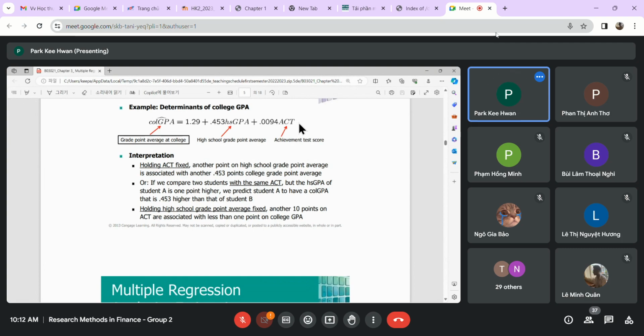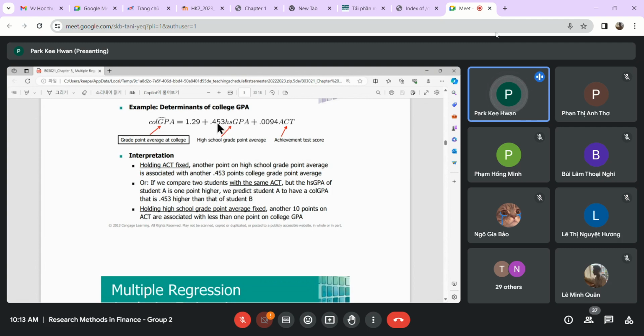But student A's high school GPA is higher than student B's high school GPA by 1 point. Then we predict that student A's college GPA will be higher by how much? 0.453 higher than that of student B. So that's what it meant.